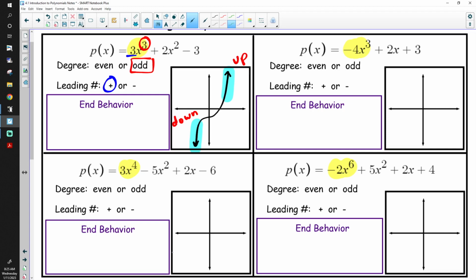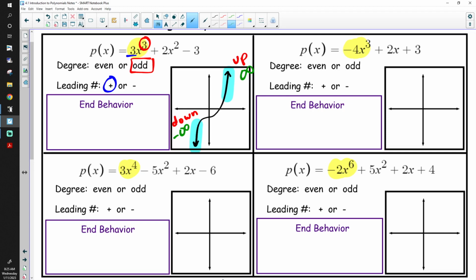Forever. Negative infinity. Down means negative infinity, which means up means positive infinity. So on the left side, we're going down towards negative infinity. And on the right side, we're going up towards positive infinity.